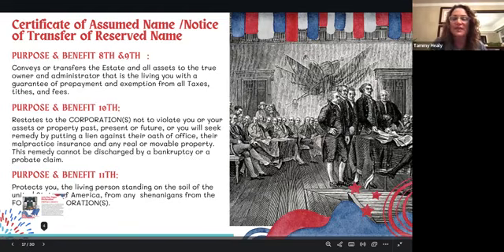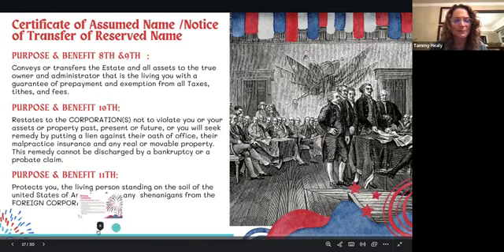So this is the benefit of doing a lien process. And I want to make that very clear, is that when we lien a man or one of these corporations, this is our remedy. This is like us suing them, because this is like malpractice against their oath of office.